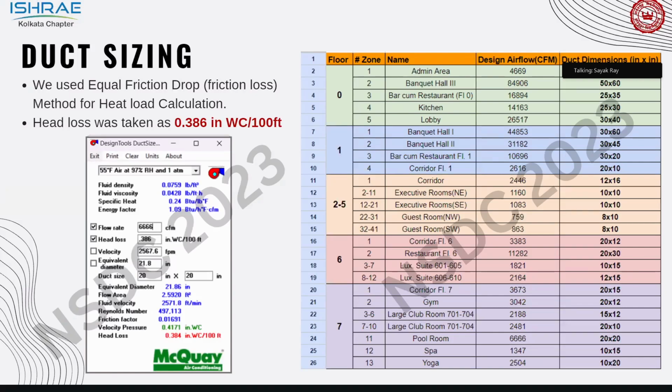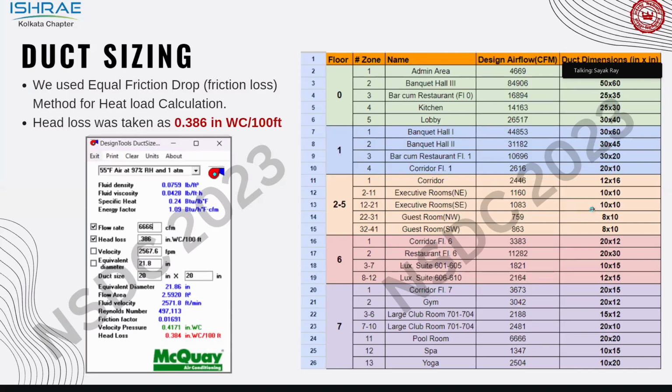So these are all the various zones which we separated into, and what zones are I already explained to you. And using the area of the zones, we calculated the duct sizes.